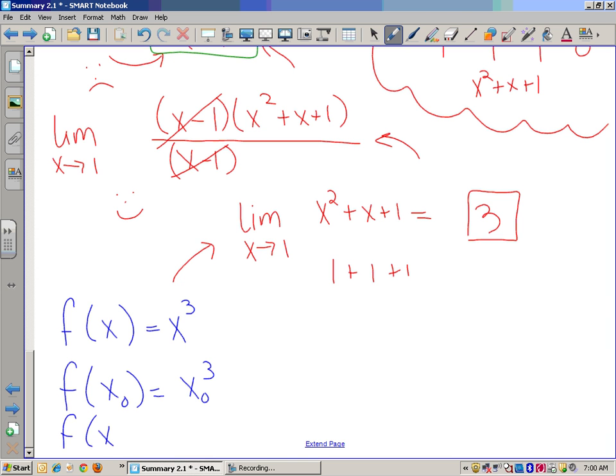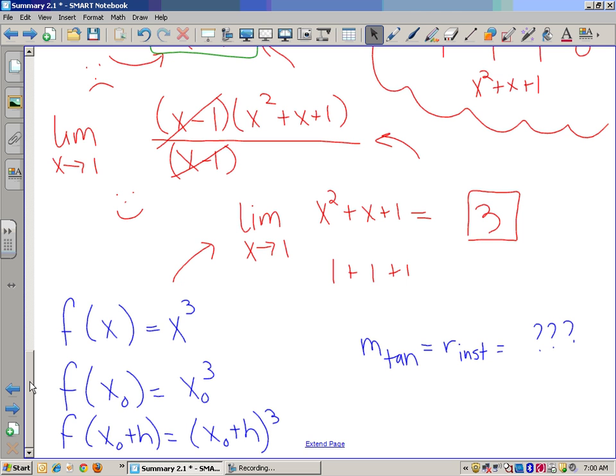And f of x naught plus h is equal to x naught plus h quantity cubed. The notation just starts to look uglier. Please keep in mind that you're going to get this. That's equal to this. Instantaneous, need an N in there, Ms. Collins. Which is going to be equal to whichever form you want to use, okay? And in this example, we're going to get the answer of 3.